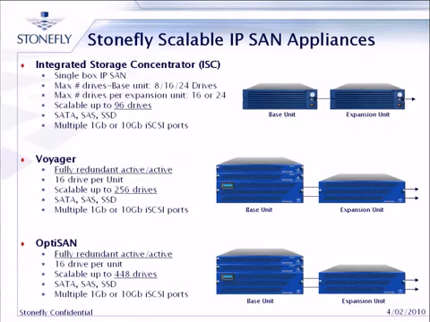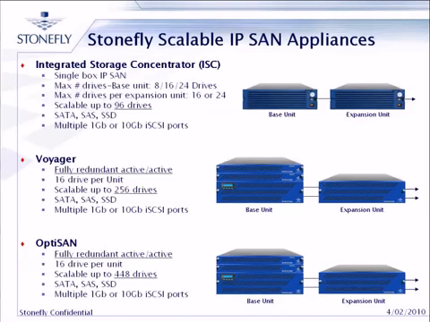A little bit about our main IPSAN appliances. We have 3 families of IPSAN products. The first one at the top is called the Integrated Storage Concentrator family, and the other 2 are Voyager and OptiSAN. The software between all these products is the same.